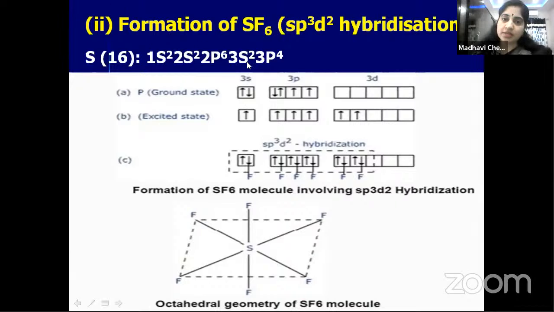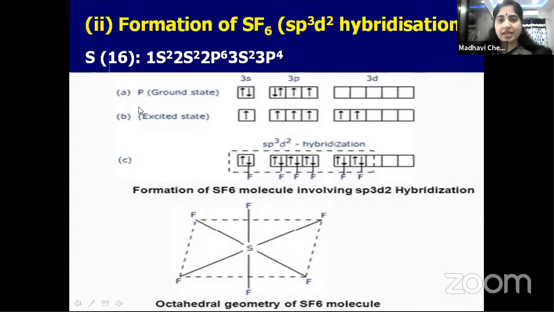So in 3s, 2 electrons, and in 3p, 4 electrons, right? So in the ground state 3s is having 2 electrons and 3p is having how many electrons? 4 electrons. But in 3d no electrons are present. 3d is empty, is it not? So now in the excited state we send one electron from the s orbital into the d orbital and one electron from the p orbital into the d orbital, right?